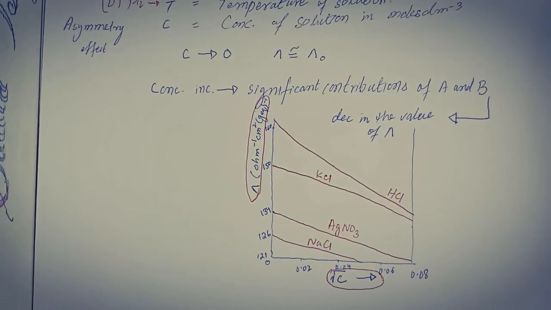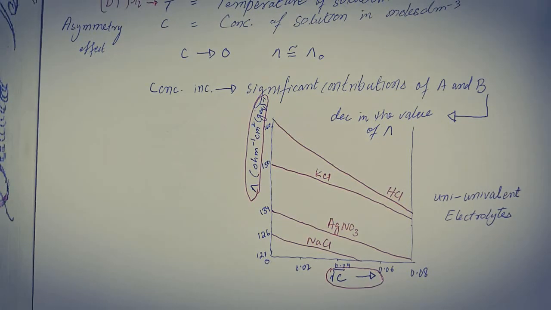And in this plot we have taken the examples of univalent electrolytes. It means that the valency of the positive and negative ionic species is +1 or -1. So the plots shown here are straight lines which are obtained at very dilute solutions.